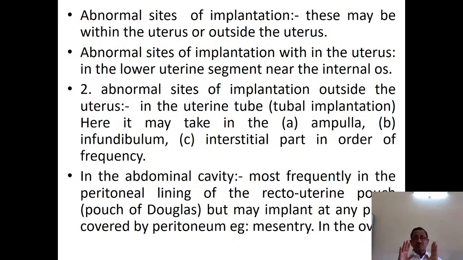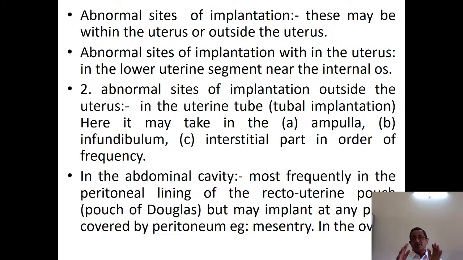By this time the trophoblast is free because the zona pellucida has dissolved, so the trophoblast attaches to the posterior wall of the body of the uterus. That is the normal site.